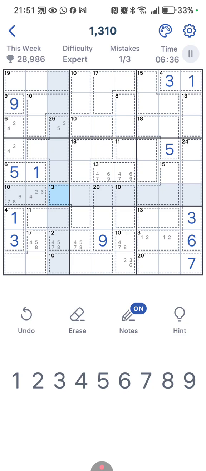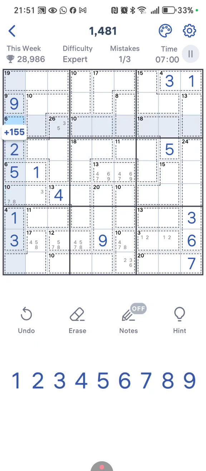So it's going to be 6 plus 26 is 32. 32 plus 6 is 38, plus 10, 48, and then minus the 7. So 41. So this is going to be a 4. So that's a 6.